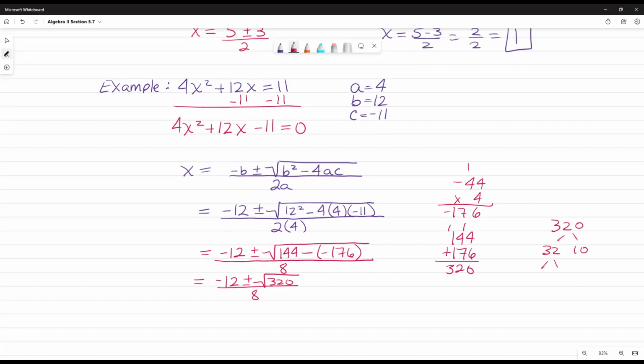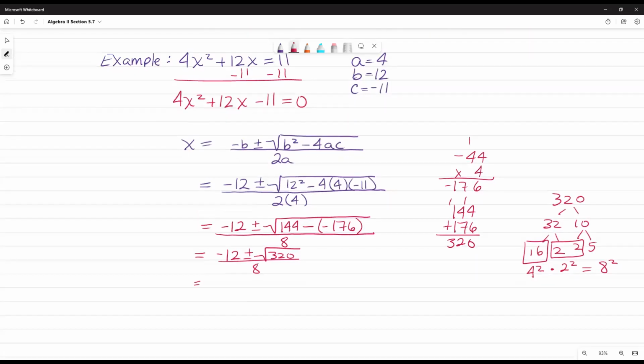And this breaks down into 16 and 2. So there's a perfect square. That's my 4 squared. But 10 is 2 and 5. So right here, I have 2 squared. So 4 times 2, so 8 squared is a perfect square inside 320.